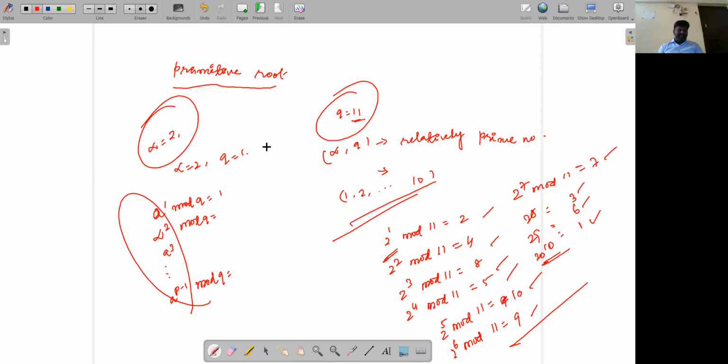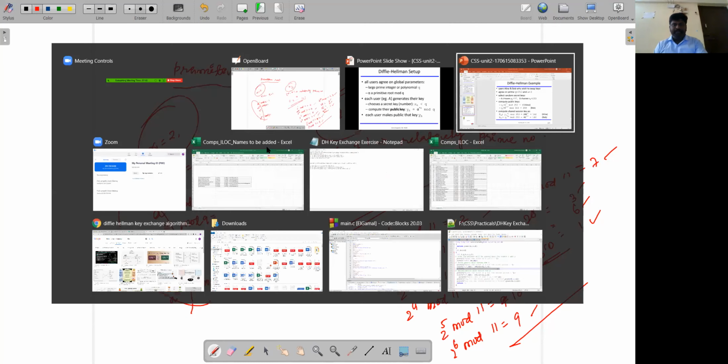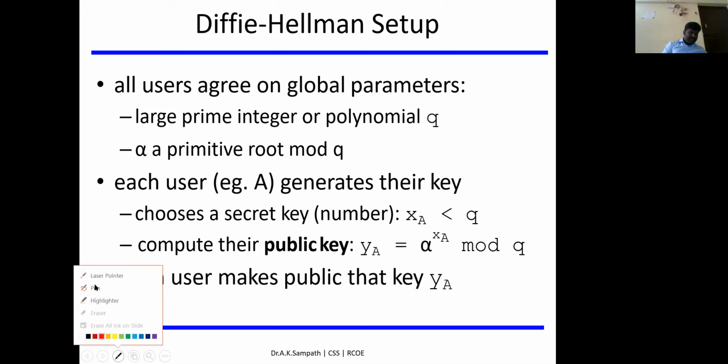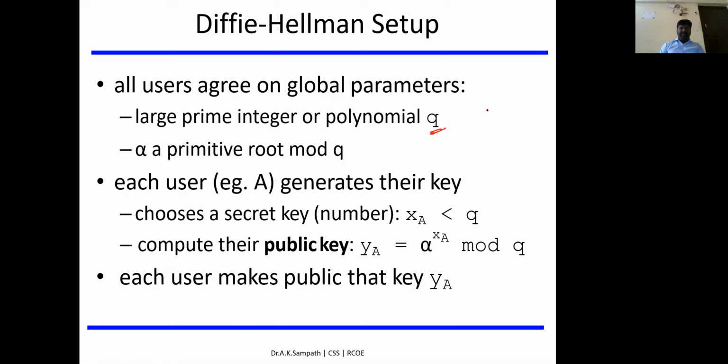I hope this is clear. If you are clear with this, then we'll move to the actual explanation or algorithm. The first point is that q is a prime number, and alpha is a primitive root of q.